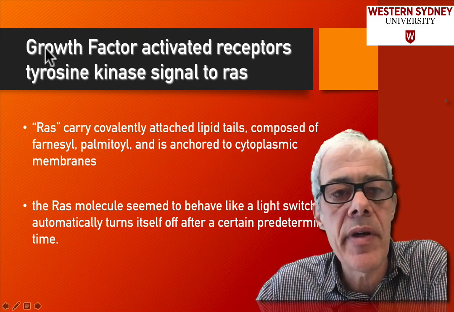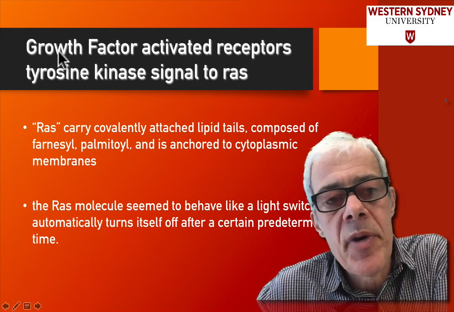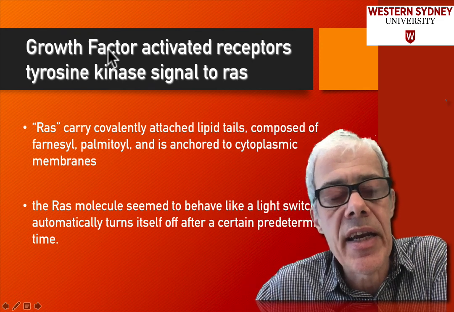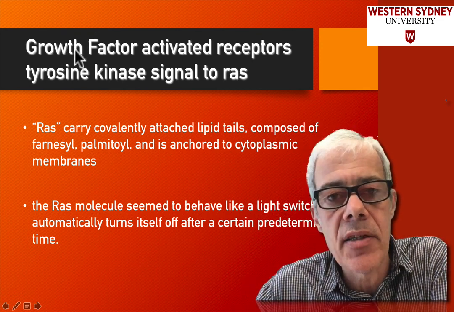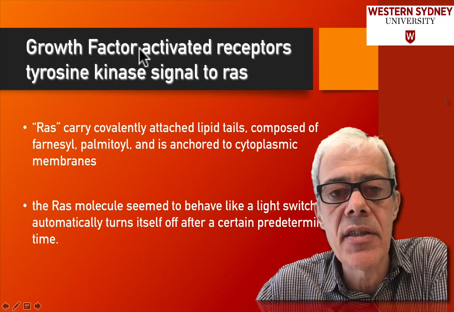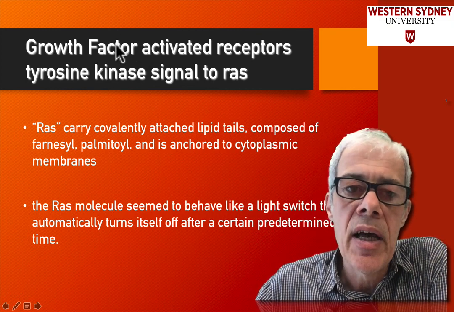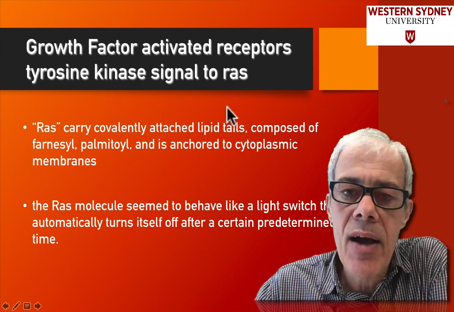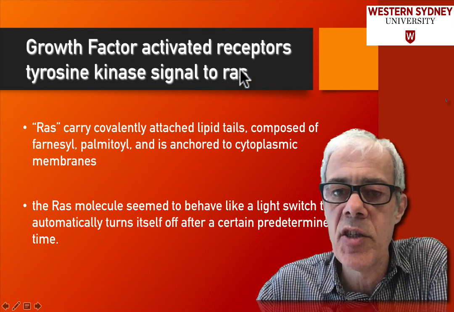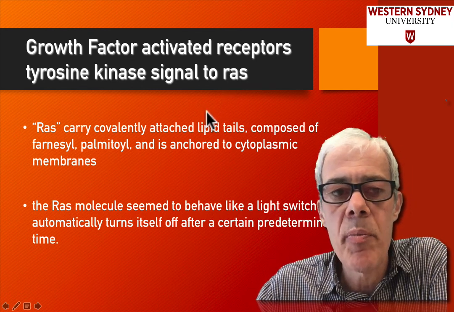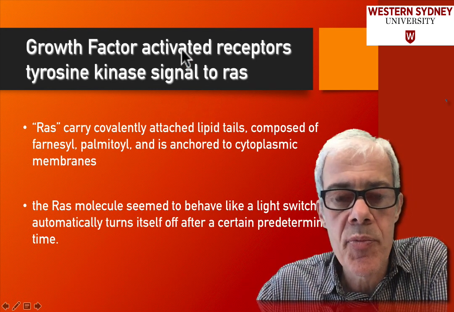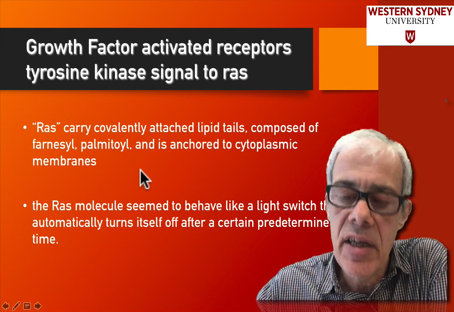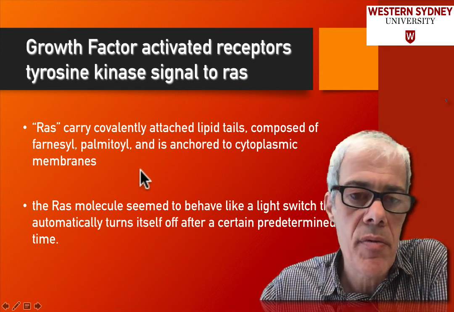So effectively, people had a good idea that these growth factors, these tyrosine kinases, get overactive, and somehow they're signaling down to these other proteins such as the RAS protein. And then the combination of these proteins working together in pathways is driving cell growth.